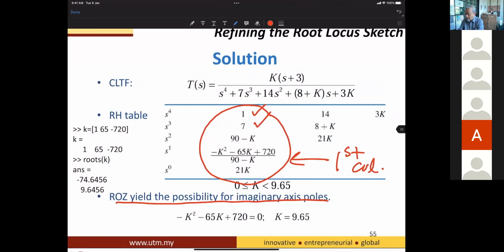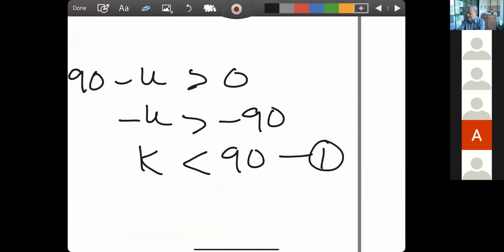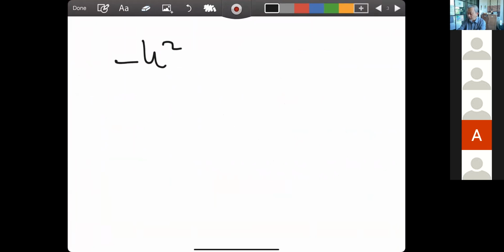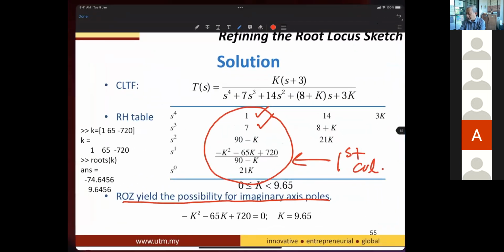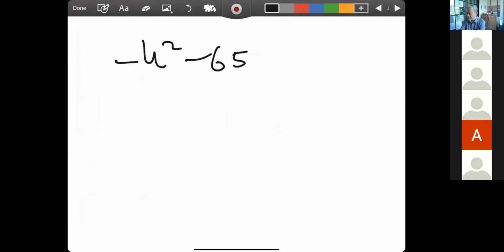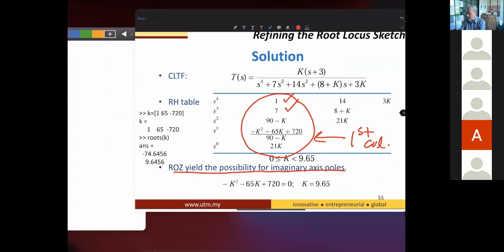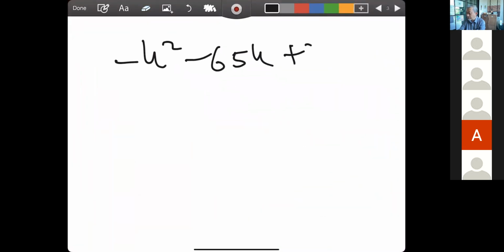Then this one, minus K squared minus 65K plus 720 greater than 0.